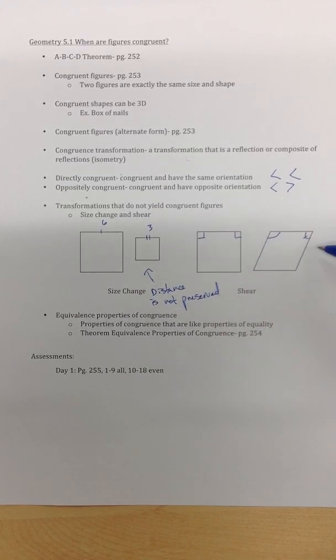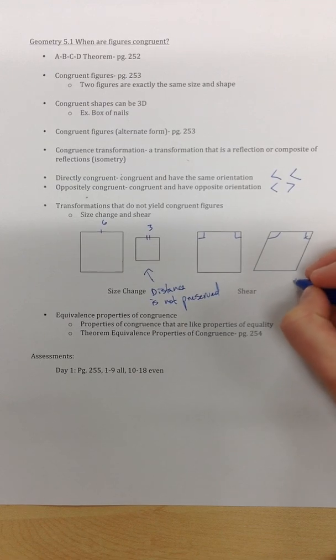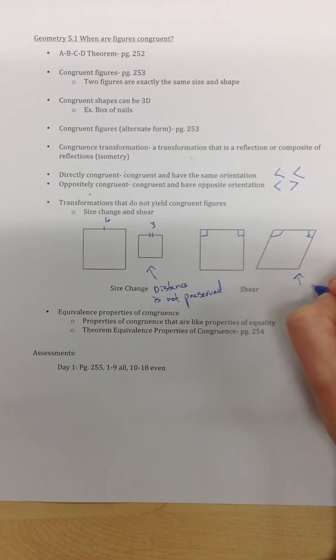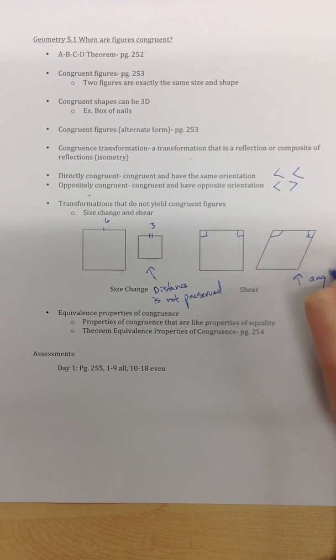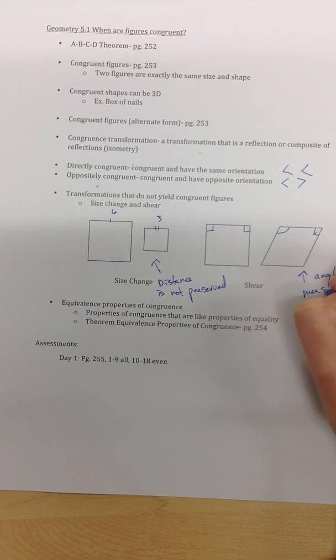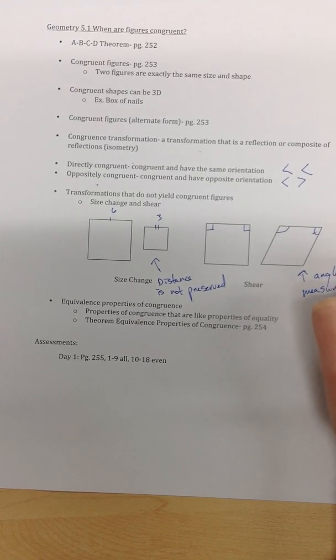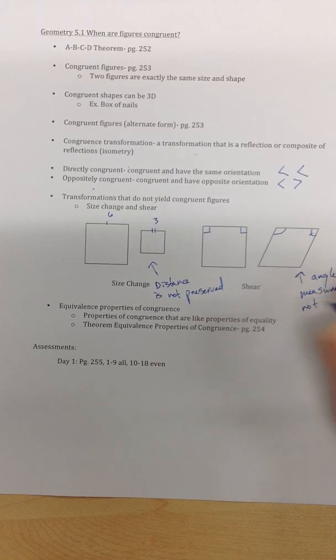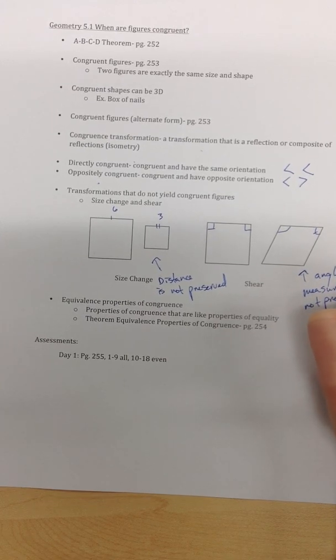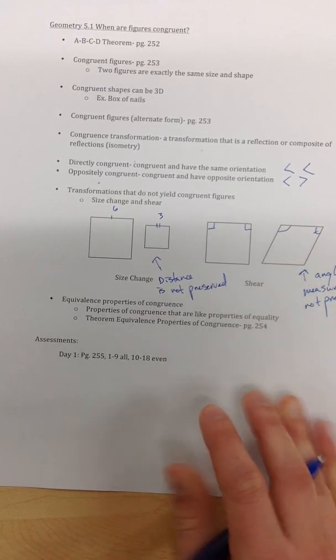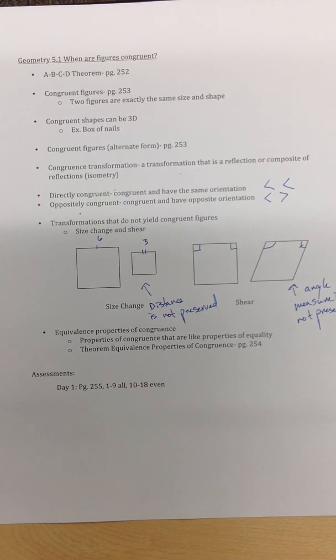So since those angles don't match up with each other anymore, that's why that would not be congruent. So for this one, you could say angle measure is not preserved. Okay, so the only ones that are going to yield congruent are those 4 isometries that we talked about before.